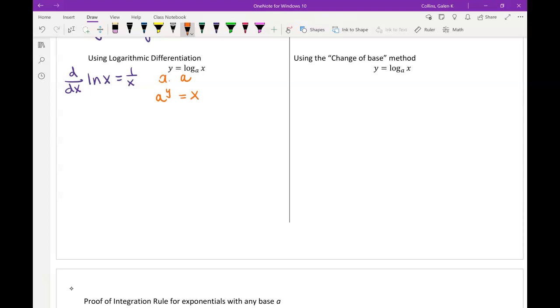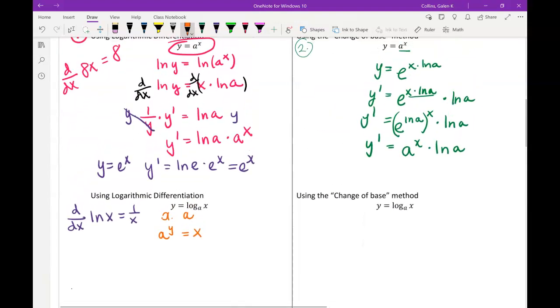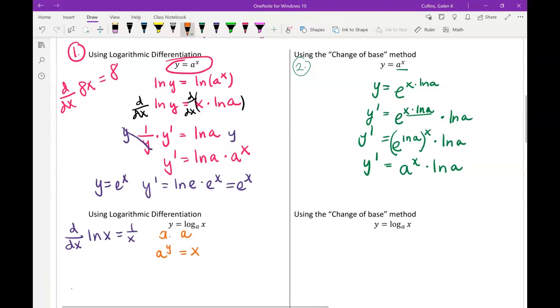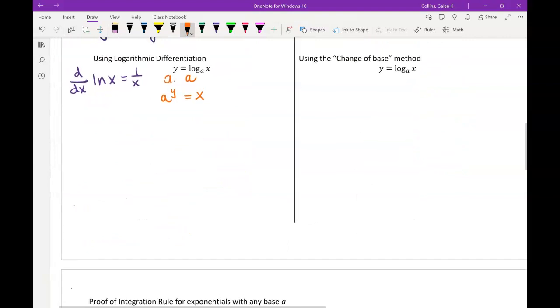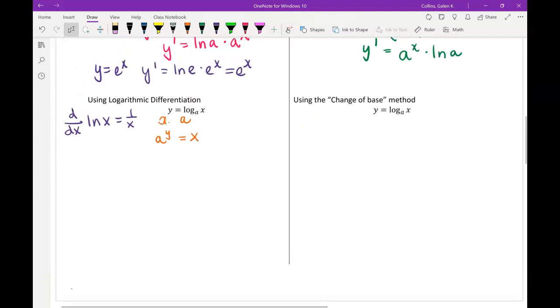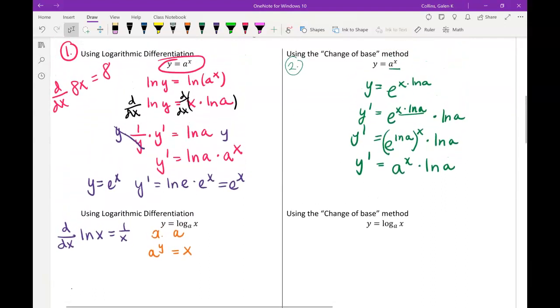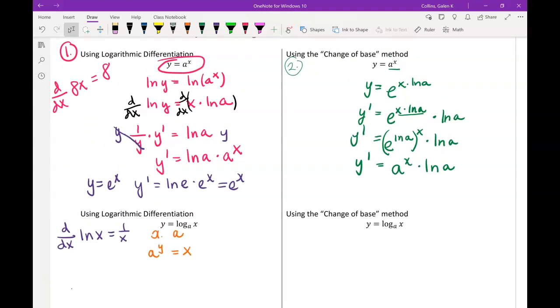Now wait a minute. That looks a lot like what we were just taking a derivative of up here, except the x's and y's are switched. So when I take the derivative in the next step, I have to remember that I'm really doing implicit differentiation when I take the derivative of y with respect to x. So if I'm now going to take the derivative of a to the power of y, well, it's like I could use the rule that I just learned up here.